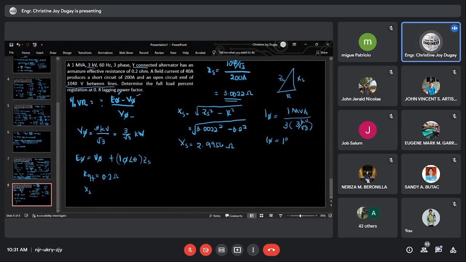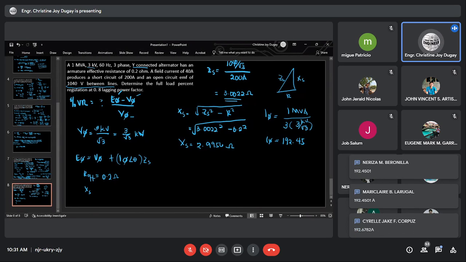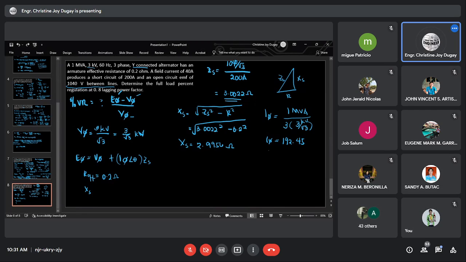Okay, so sa akin ang na-solve ko is 192.45. So this is only the magnitude. So the I phase, para makuha natin yung angle natin, you're just going to get the theta is equal to cosine inverse of 0.8 from the power factor. So that is equal to 36.8699 degrees.